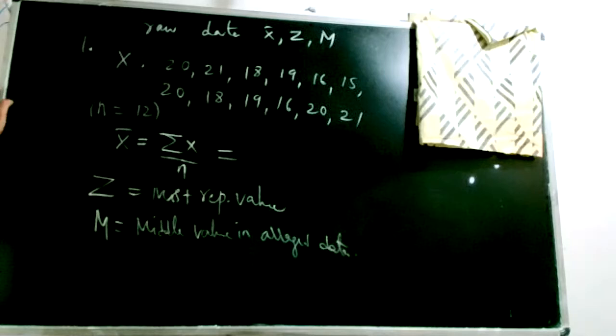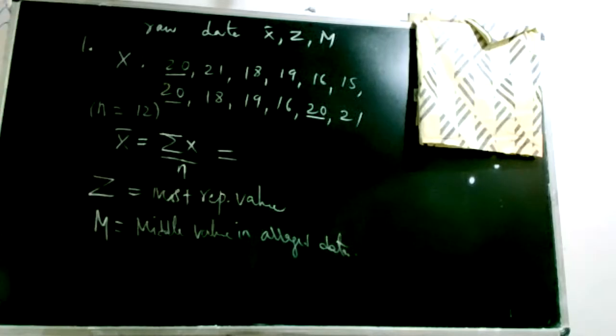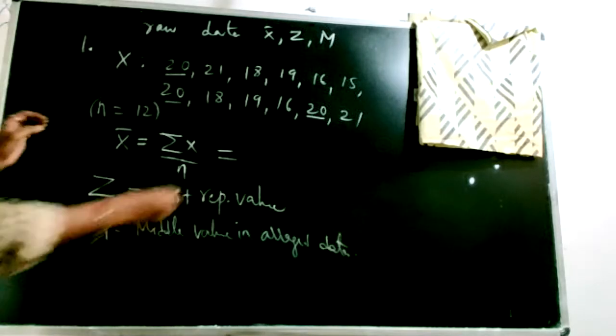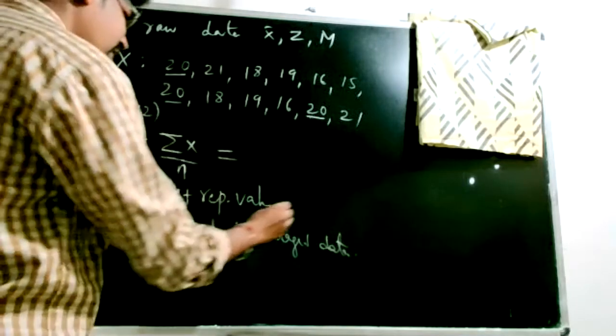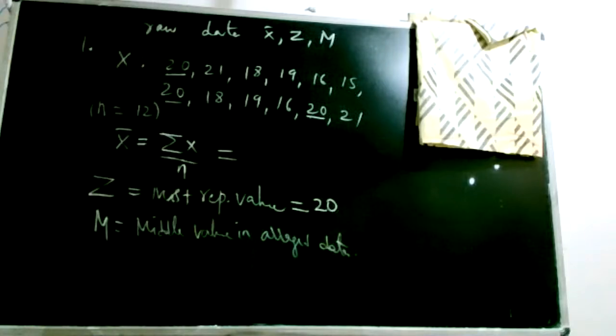Now there are many repetitions here. Of the many, 20 is repeated 3 times. Therefore, z equal to 20 is the mode for this distribution.